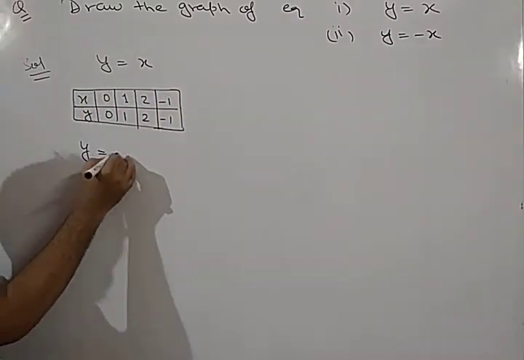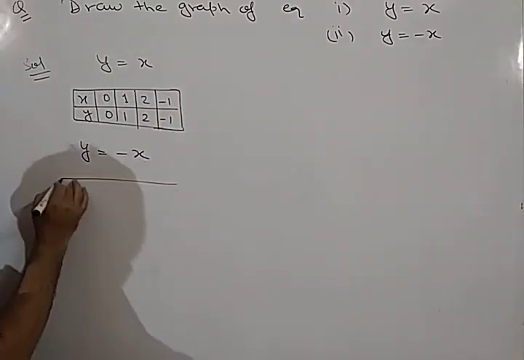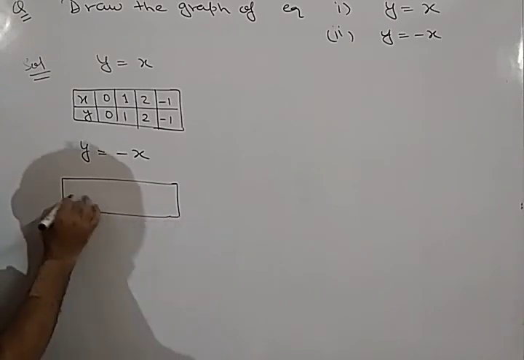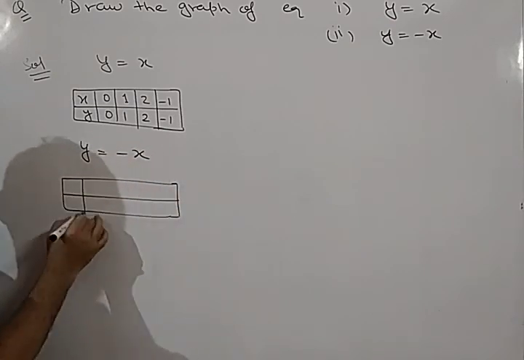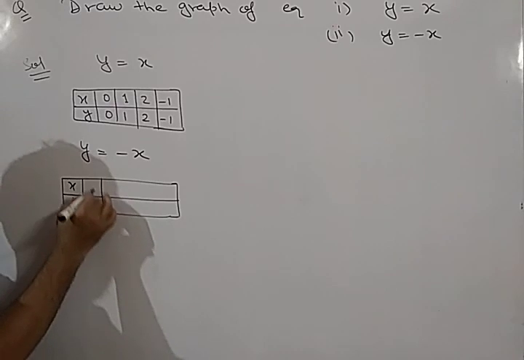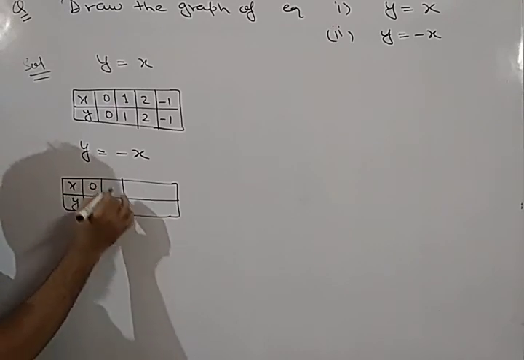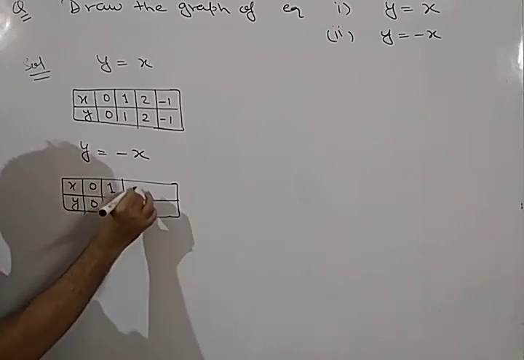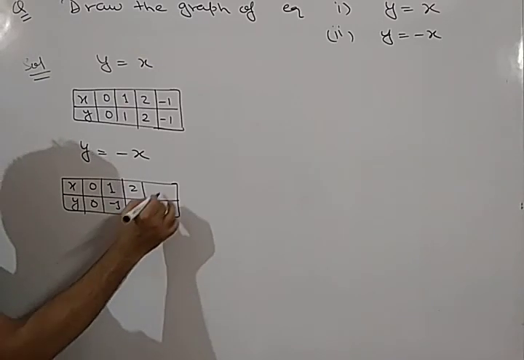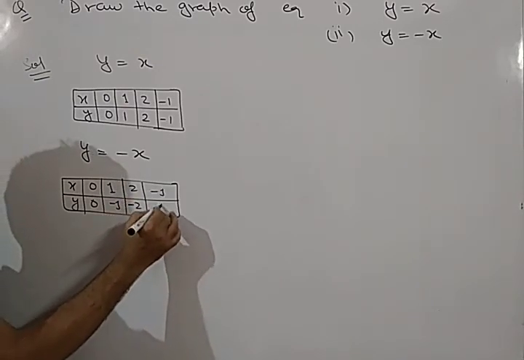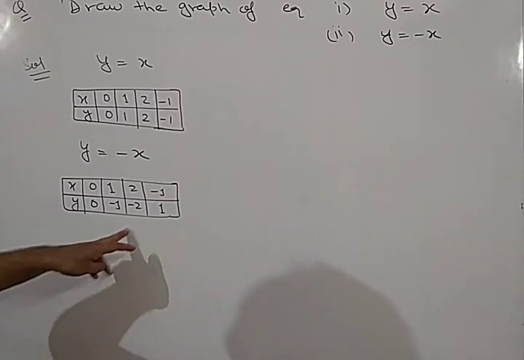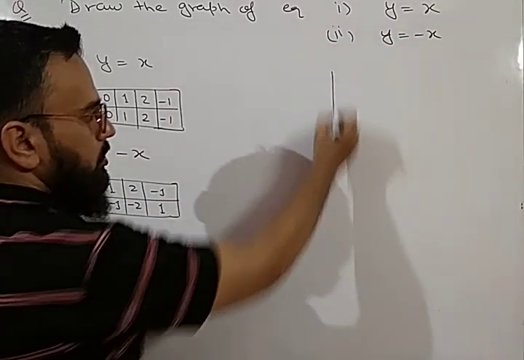Then for the second equation, y equal to minus x, we will get this x and y table: x 0, y 0; x equal to 1, y minus 1; x 2, y minus 2; x minus 1, then y will be plus 1. So these are the ordered pairs for the second equation, y equal to minus x.